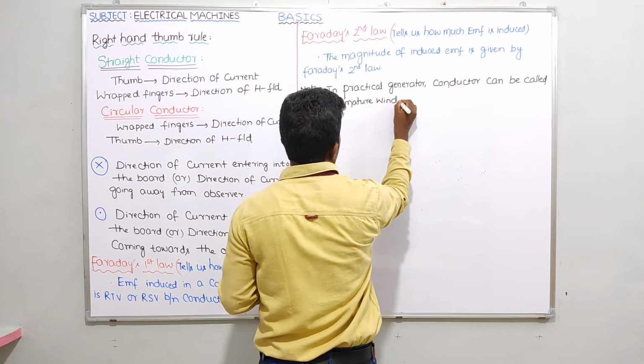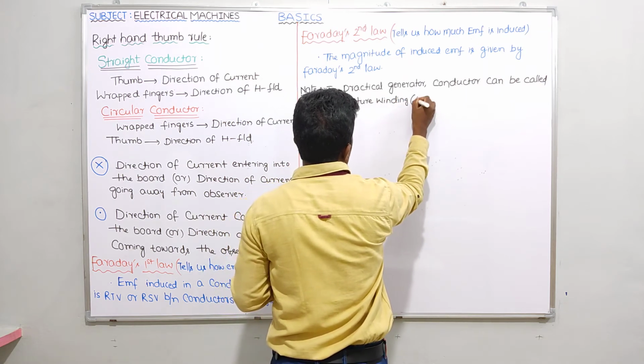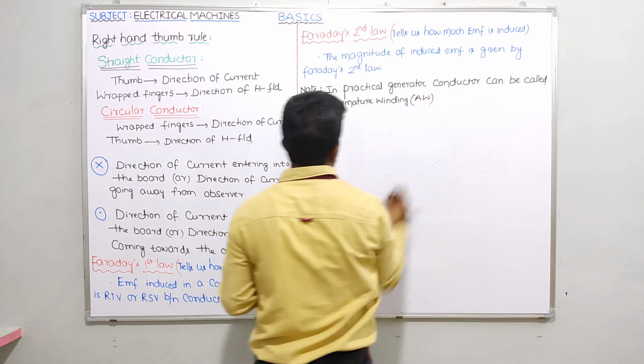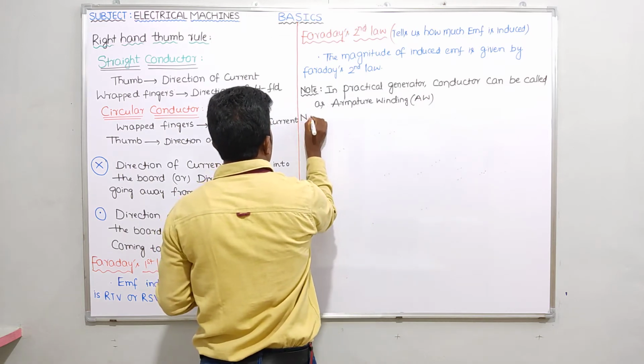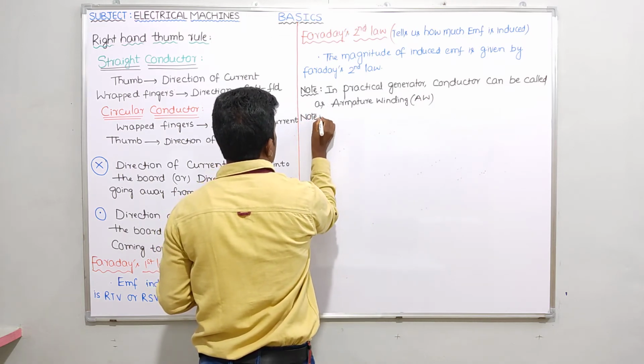Let me write simply AW. Okay. Now tell me, what is the definition you can give for this armature winding?